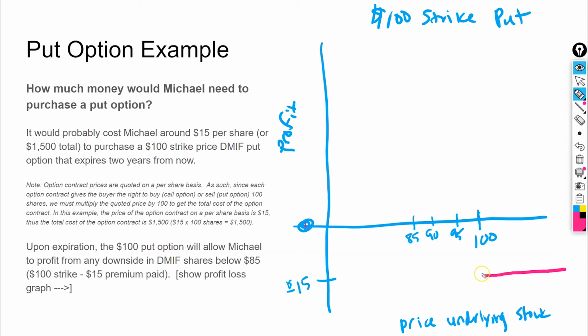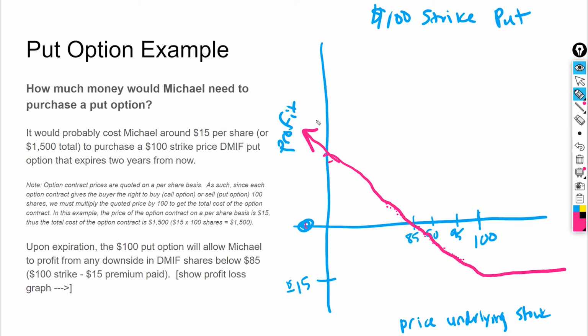Now, every dollar below 100, you're going to make some profit. You're going to make $100 for every dollar that goes below. And I'm not good at drawing straight lines. This is actually going to cross the axis at 85. Just see if I can draw this line. And so that's kind of your profit loss graph.